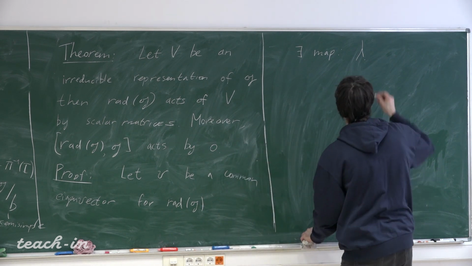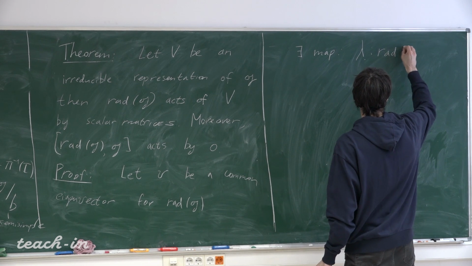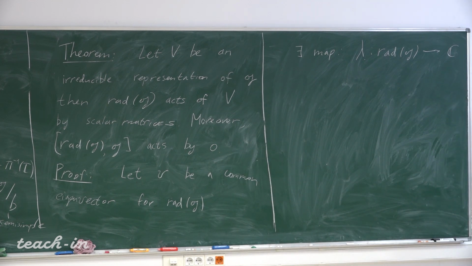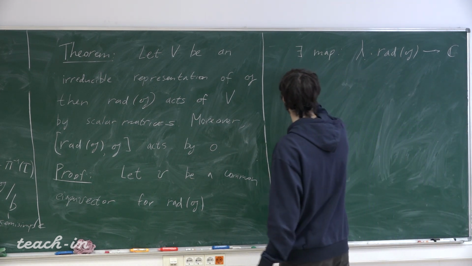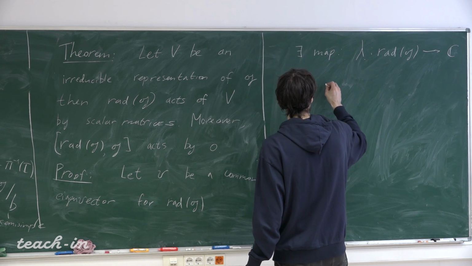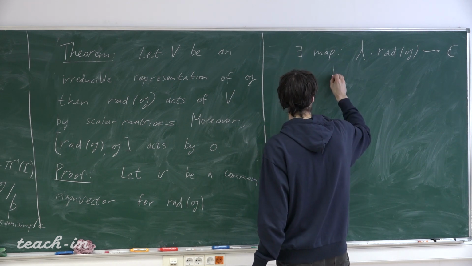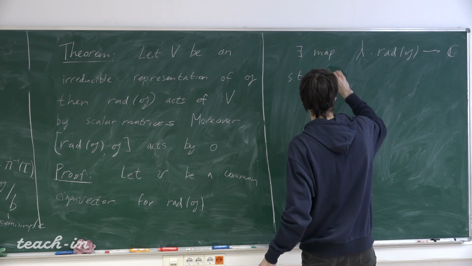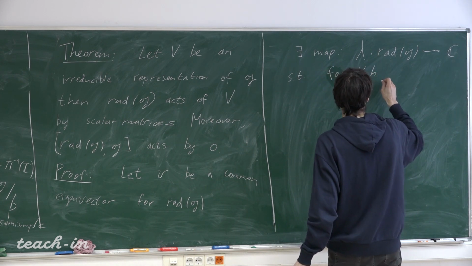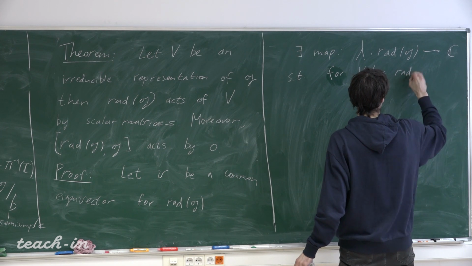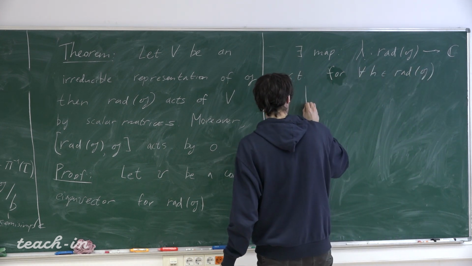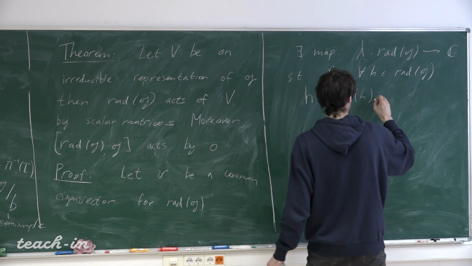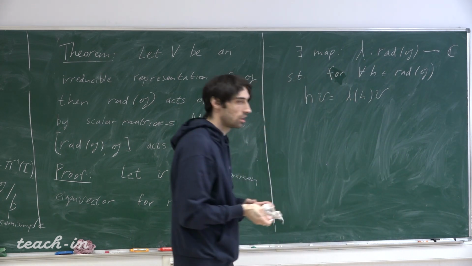It is from the radical to just complex numbers, such that for every h from the radical of G, if I take h and act on V, it gives me the value of lambda at h.